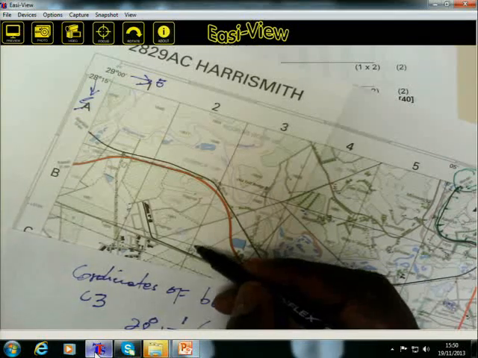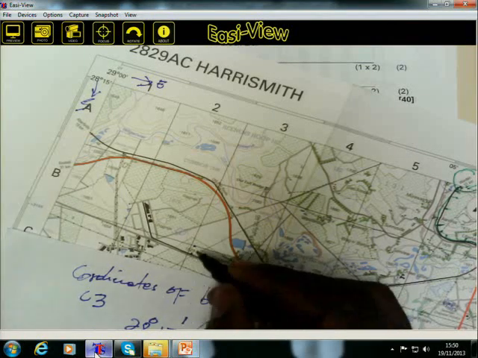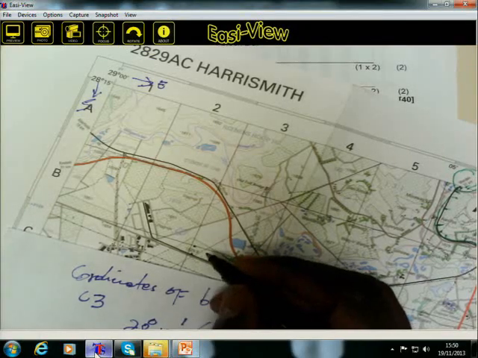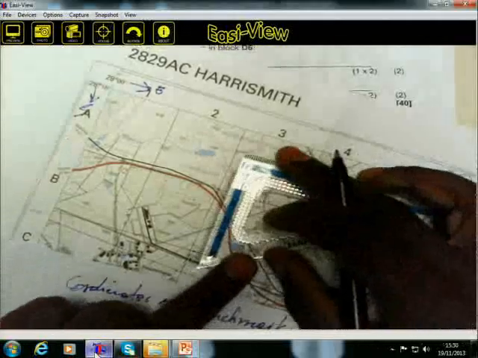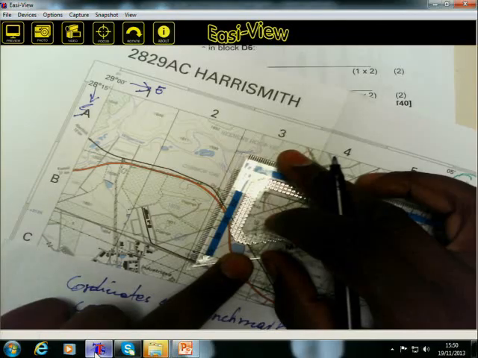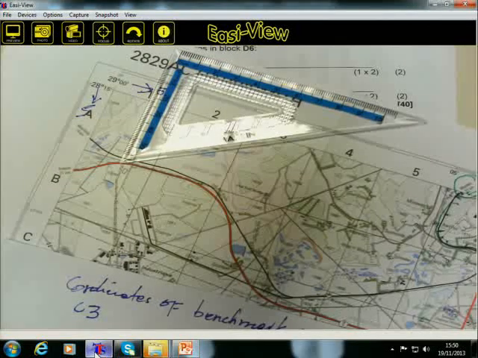You measure from this point to the benchmark, from here to here with your ruler, and it will give you 5 millimeters.